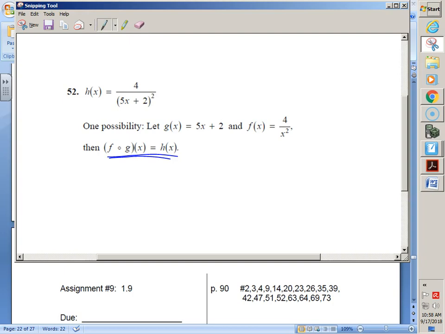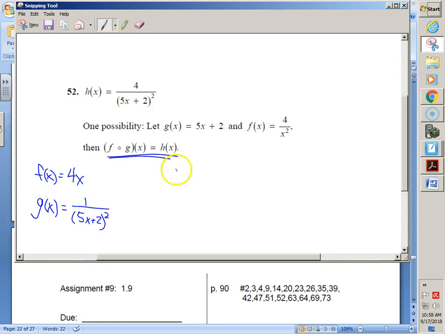Joe. You could do that. 4x, it is a little bit weird, and it's more complicated too. 4 times who? 4 times 1 over 5x plus 2 squared. You could do that. Like 4 times what? 4 times this guy. That would end up there.